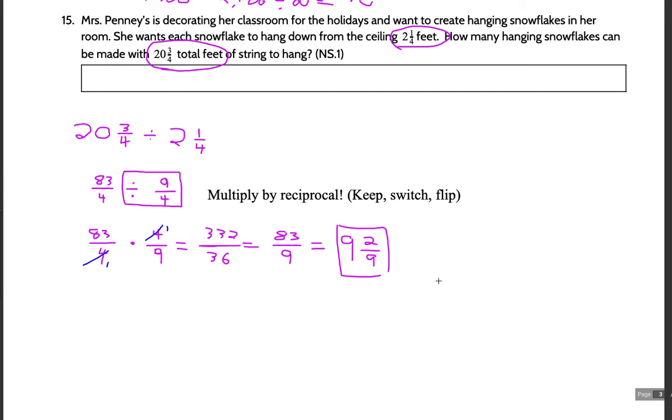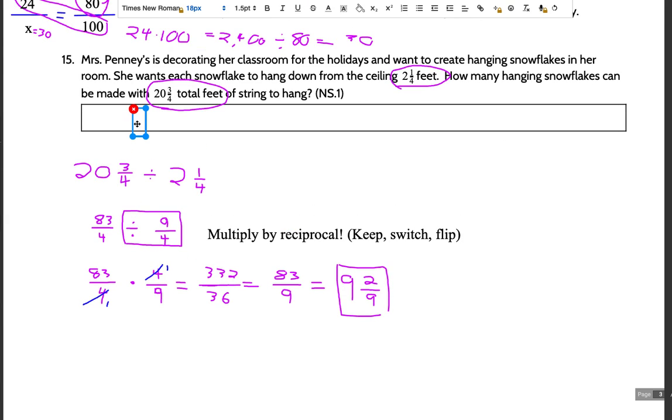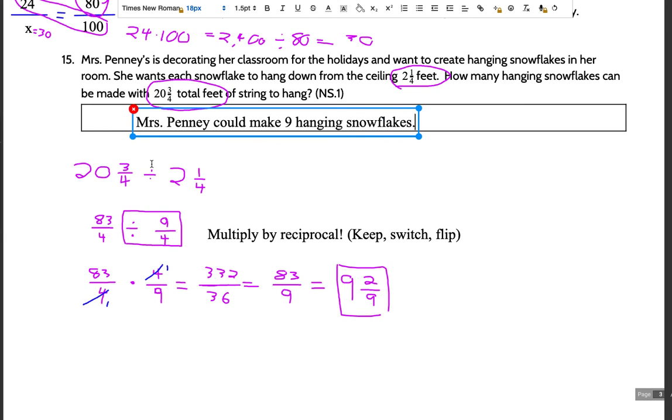Ta-da. So the real answer is, how many snowflakes could she make? Mrs. Penny could make 9 hanging snowflakes. All right, that is it.